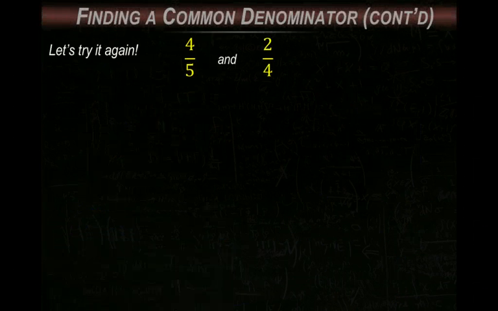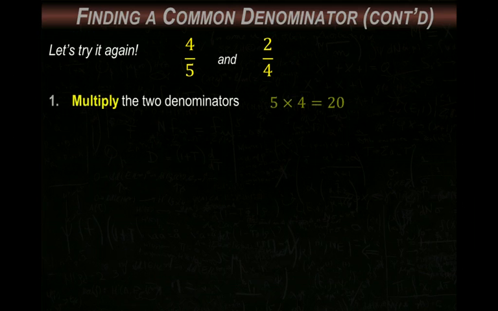Let's try it again. Here's 2 fractions. We need a common denominator. Let's not overthink it. Let's just go with the easiest common denominator. Multiply the 2 denominators together. 5 times 4 is 20. So our new common denominator is going to be 20. But now we need a new numerator. Well, in order to get this to 20, I had to multiply 5 times 4. So I do that with the top too.